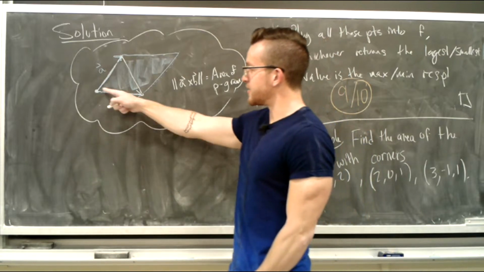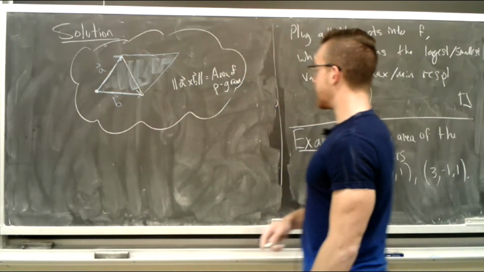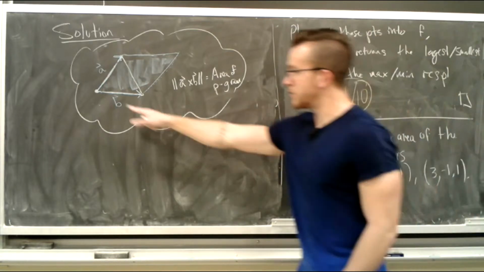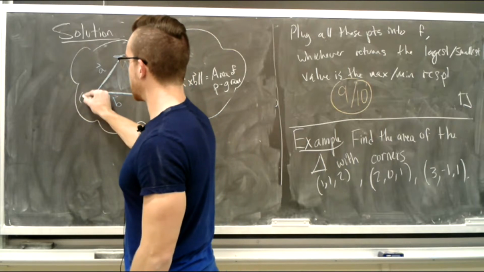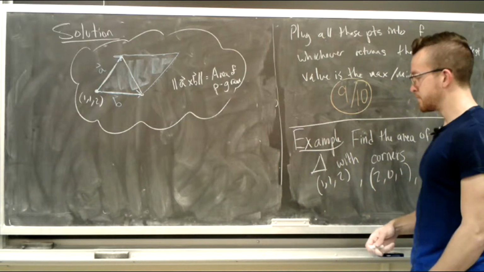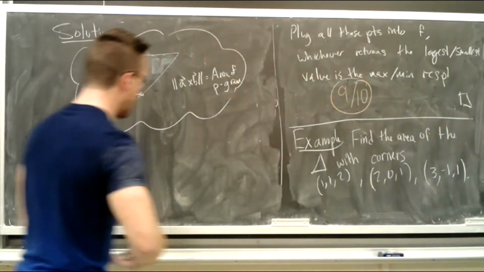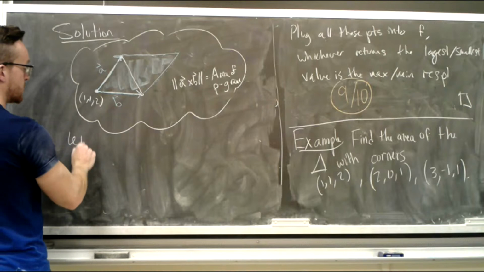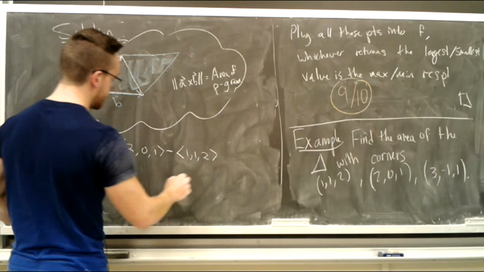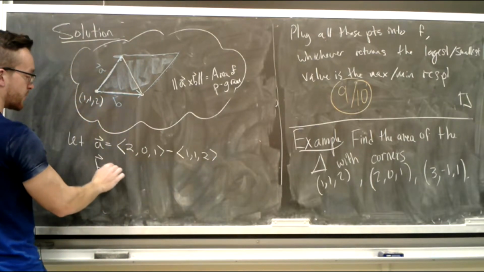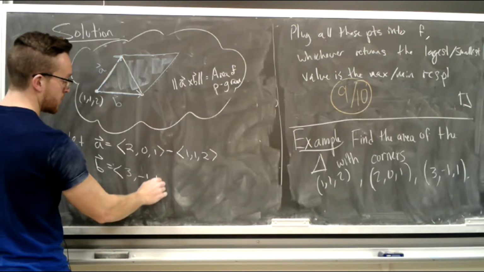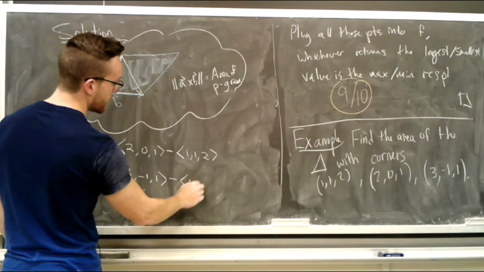Okay, so first I need these vectors A and B, and I can get that by just picking one of these points as an anchor, like (1, 1, 2). And I can get A and B by subtracting. So for example, I would let A be (1, 1, 2) subtracted from the other point, (2, 0, 1), and let B be the vector from the other point, (3, -1, 1), minus (1, 1, 2).